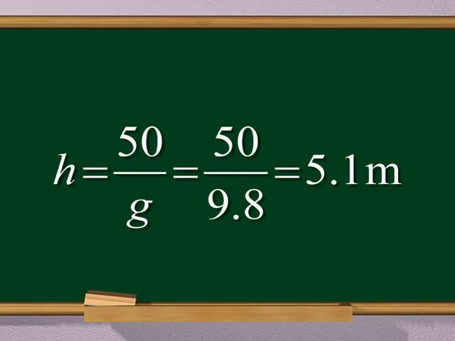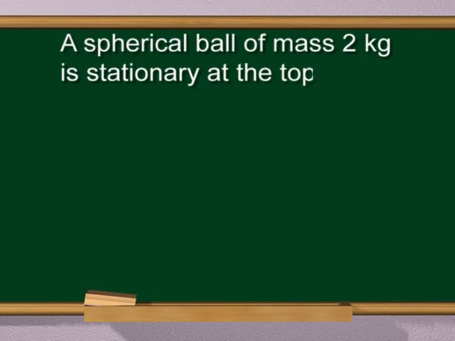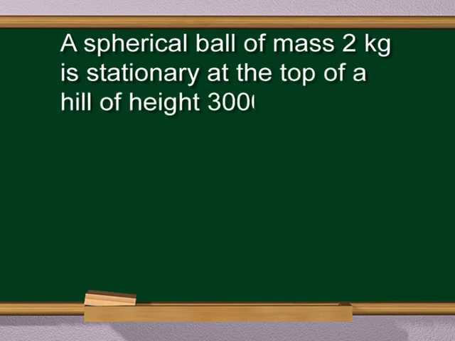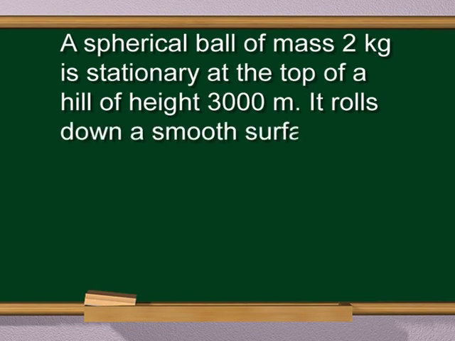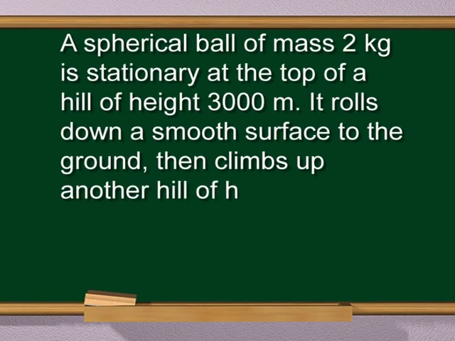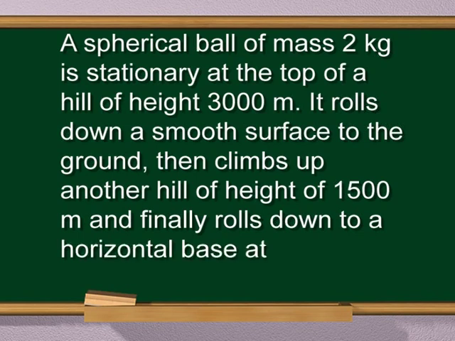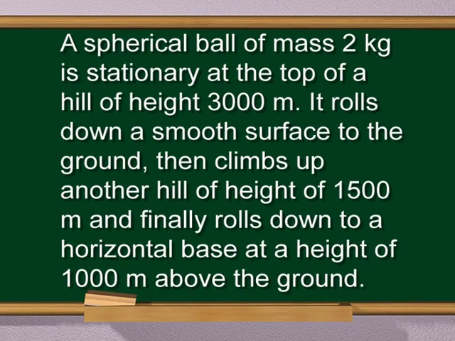Let us solve one more problem on this topic. A spherical ball of mass 2 kg is stationary at the top of a hill of height 3000 meter. It rolls down a smooth surface to the ground, then climbs up another hill of height 1500 meter and finally rolls down to a horizontal base at a height of 1000 meter above the ground.